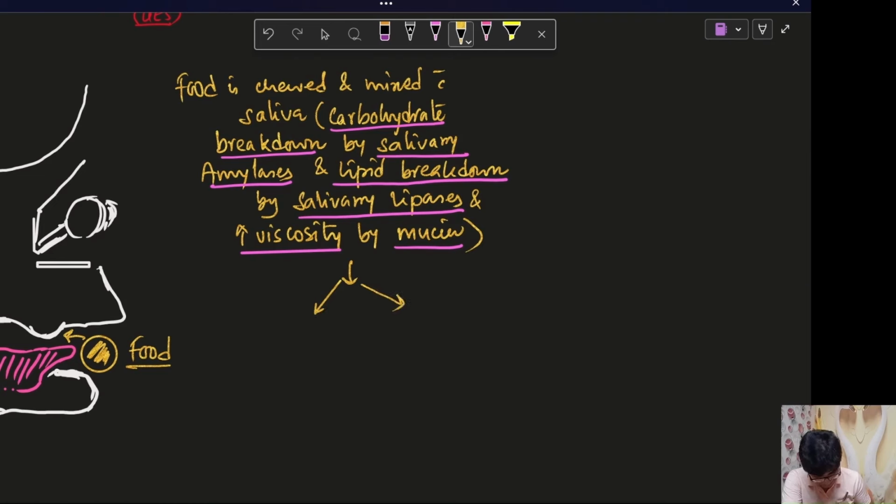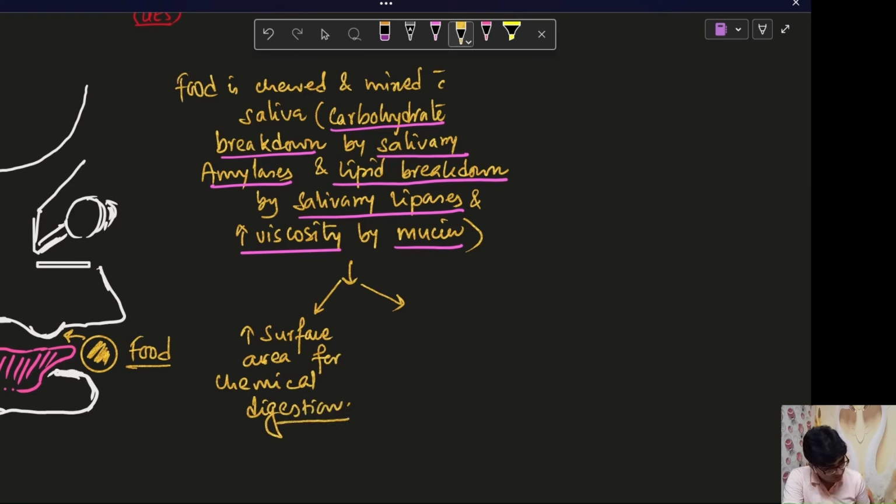One, it causes an increase in surface area for chemical digestion, and it causes a decrease in abrasion of the GI lining.